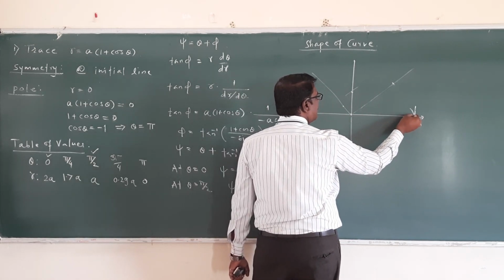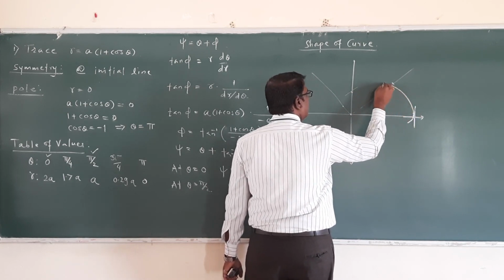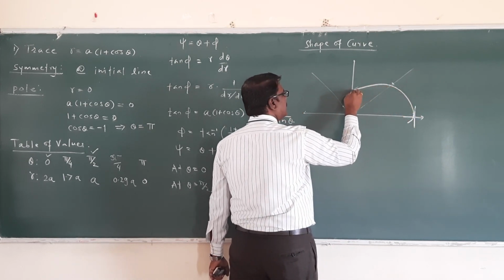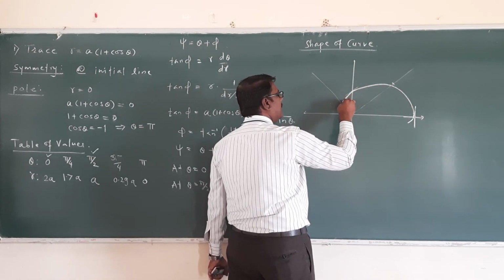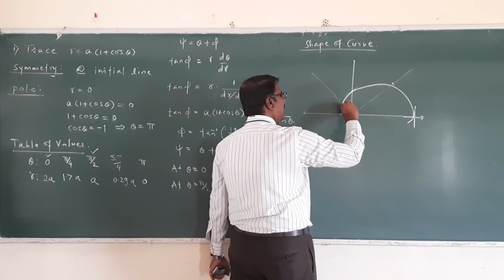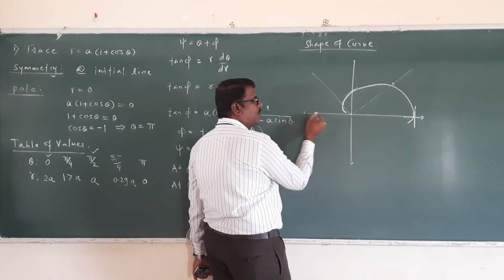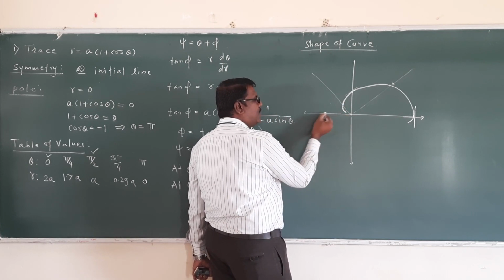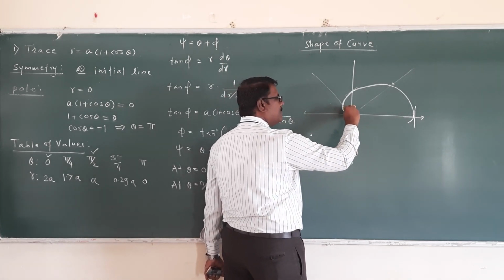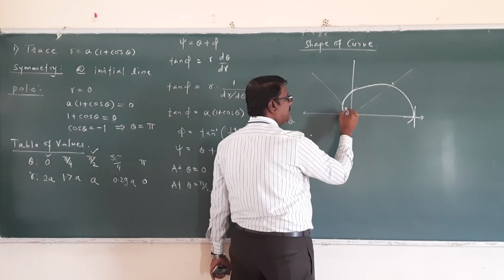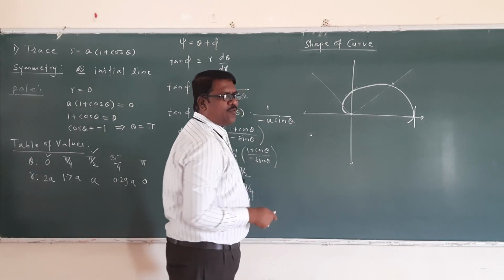We will start from this, and as this line is tangent, it will come like this, passing through these points. And again, at theta is equal to pi, this line is the tangent to this curve, then the curve will have a shape like this, isn't it? Okay. So this is 50% of the curve.